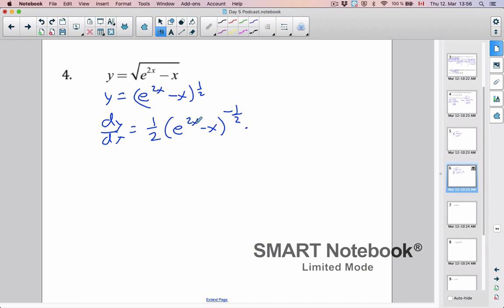Now the derivative of e to the 2x is 2e to the 2x, and the derivative of minus x is negative 1. So maybe we could simplify a bit by writing this in the denominator. So we can write (2e to the 2x minus 1) over 2 times, actually this is a square root, so let's write this as a root, root of e to the 2x minus x. So we can write it like that.